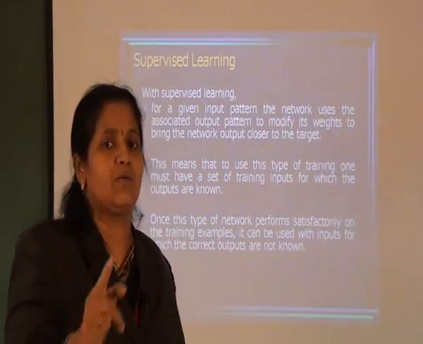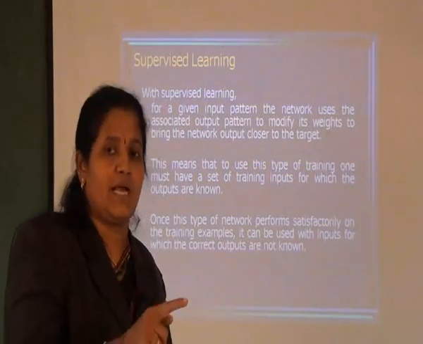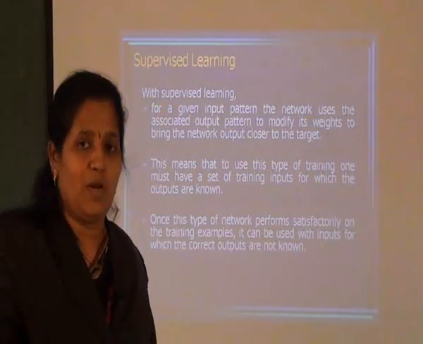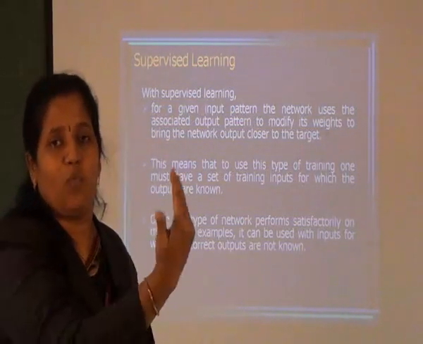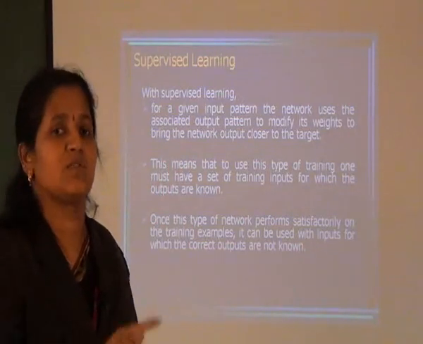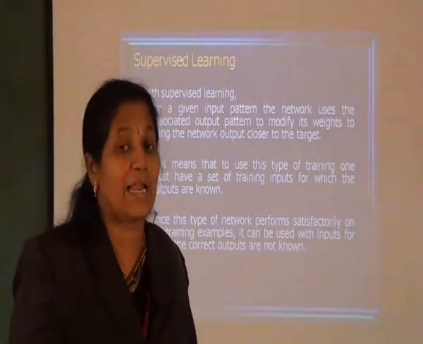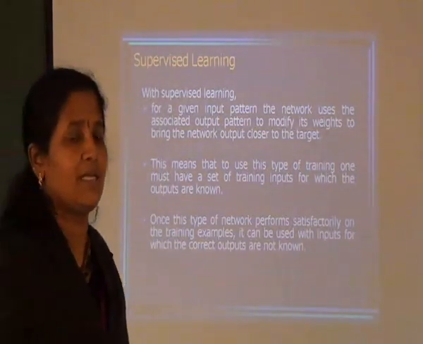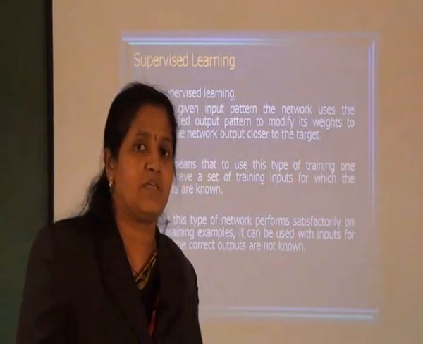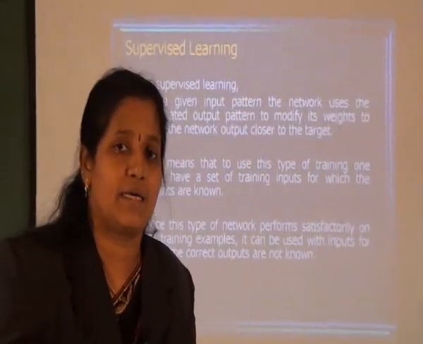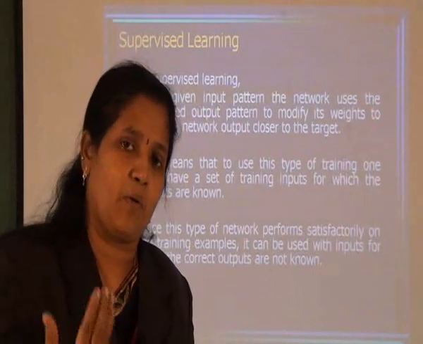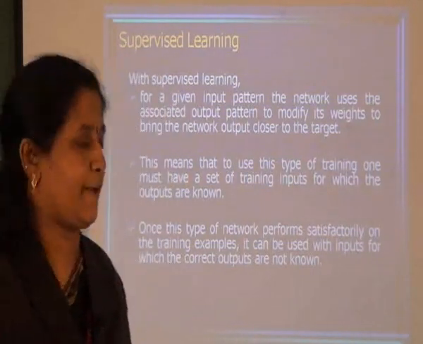We train the network so that four legs and one top gives a table, and four legs, one top and one back gives a chair. Until then we keep training the neural network. That is called supervised learning, like how teachers give training to students. We are training the system by providing both inputs and outputs together.